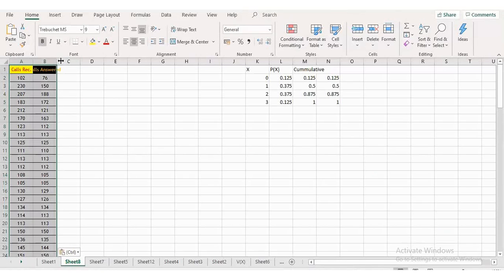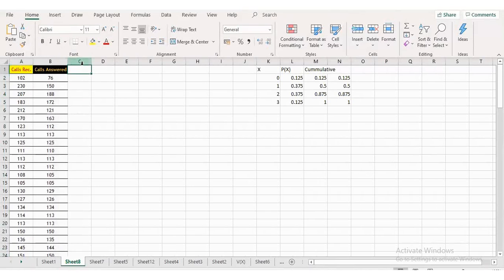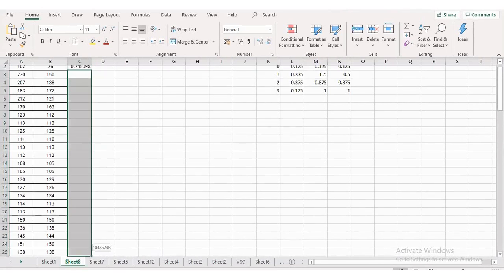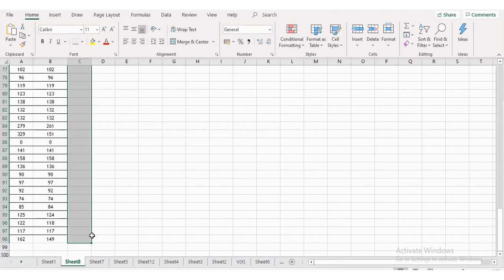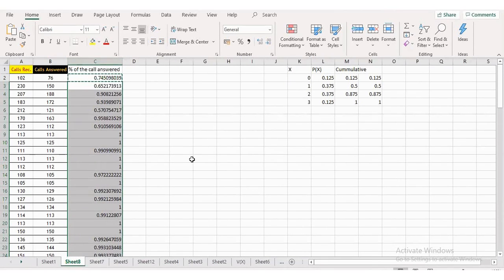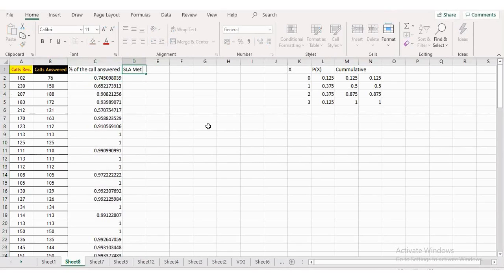So let's calculate that first. Percentage of the calls answered, which is nothing but this divided by this. Now, SLA met or not.